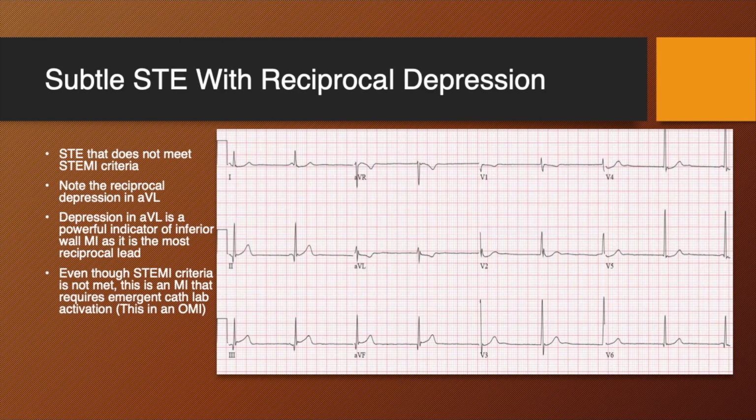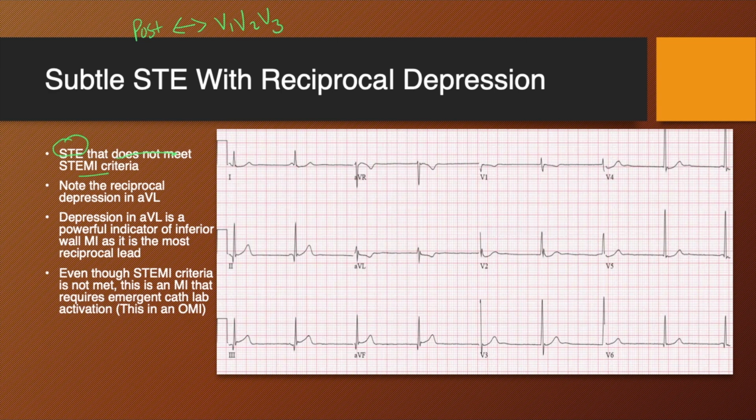All right. So let's look at subtle ST elevation with reciprocal depression. This is somebody who has ST elevation that does not meet STEMI criteria. And so we said that the anterior septal wall is reciprocal to the posterior wall, right? So the posterior aspect of the heart is reciprocal to V1, V2, and V3.